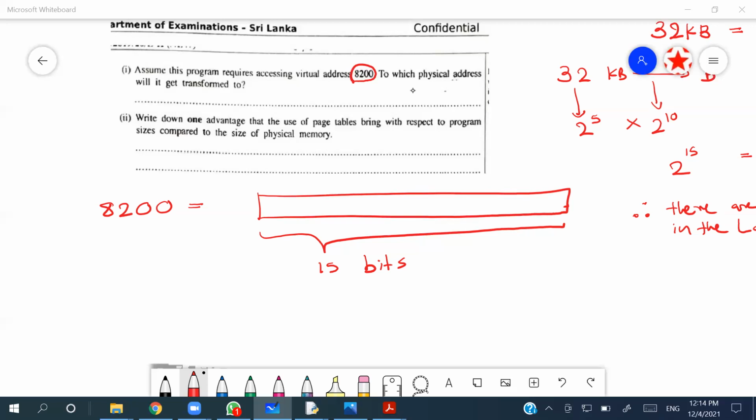So what you have to do is take out the page number part and replace it with the frame number part. Does it make any difference, Kalindi? It does not. So the virtual address 8200 is going to convert to the same physical address, which is 8200. It is because of the corresponding frame number. If it changes, the address is going to change.